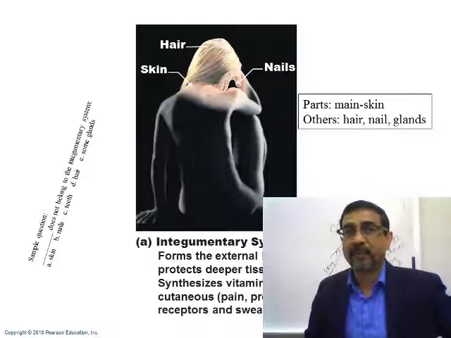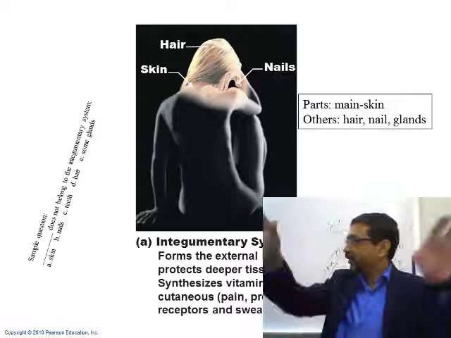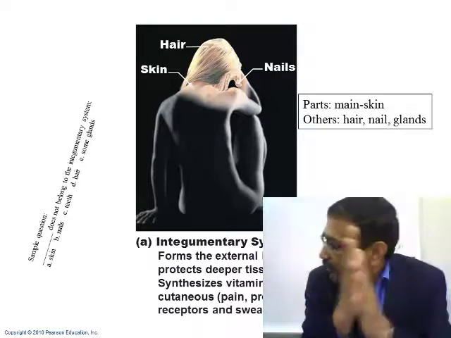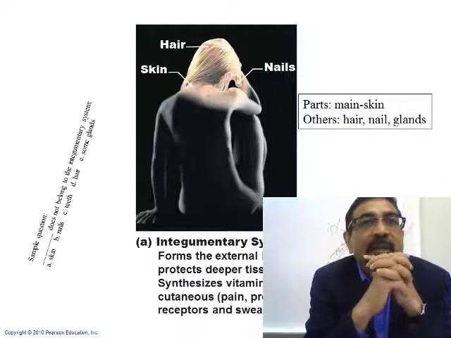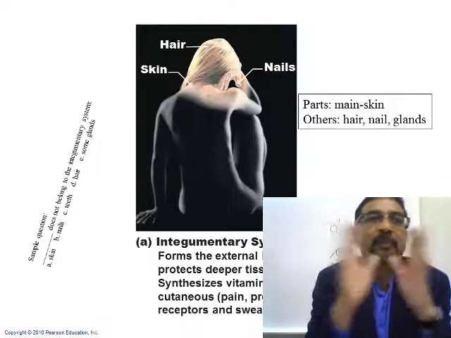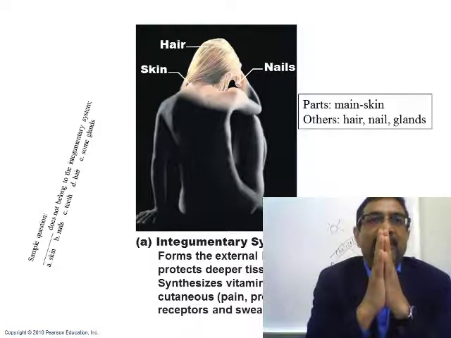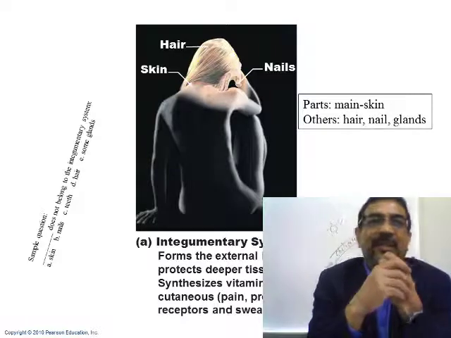Vitamin D is very important for your body. It helps in calcium absorption in the intestine. We'll talk about that later. Housing cutaneous receptors. Very important function. In your skin, you have cutaneous sensations.